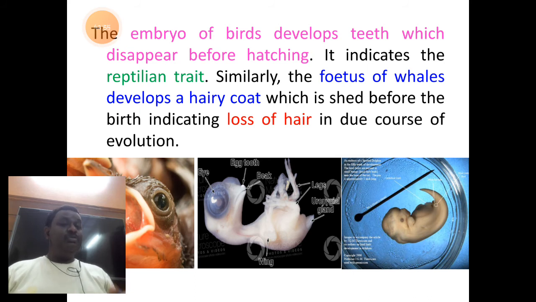So the presence of hair is a special character which is not related to the organisms here. You know that whales and dolphins are considered to be mammals. So we show the presence of hair in the lower mammals. That's the character that gets repeated here.